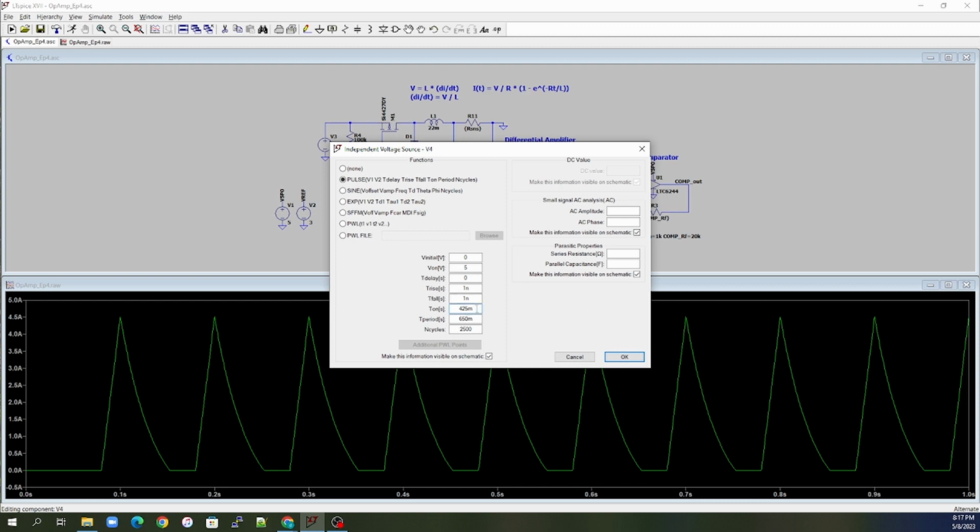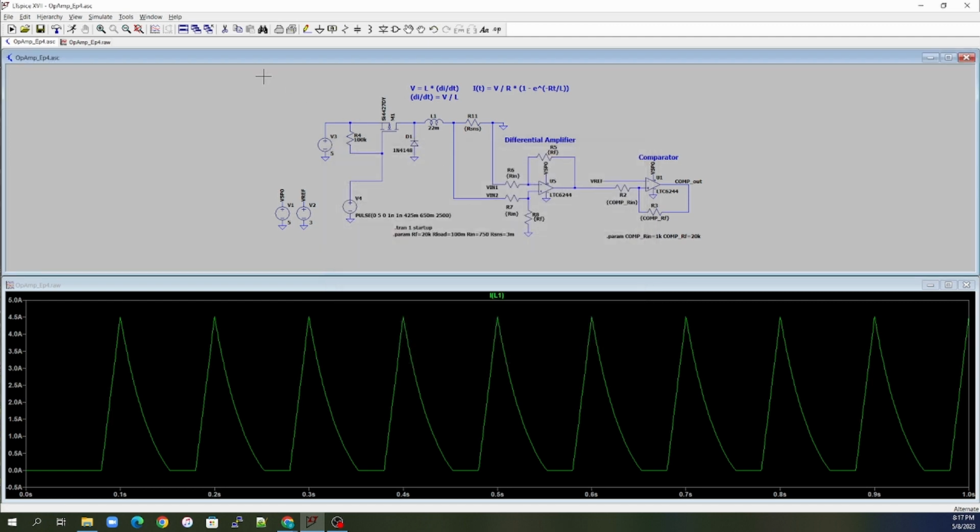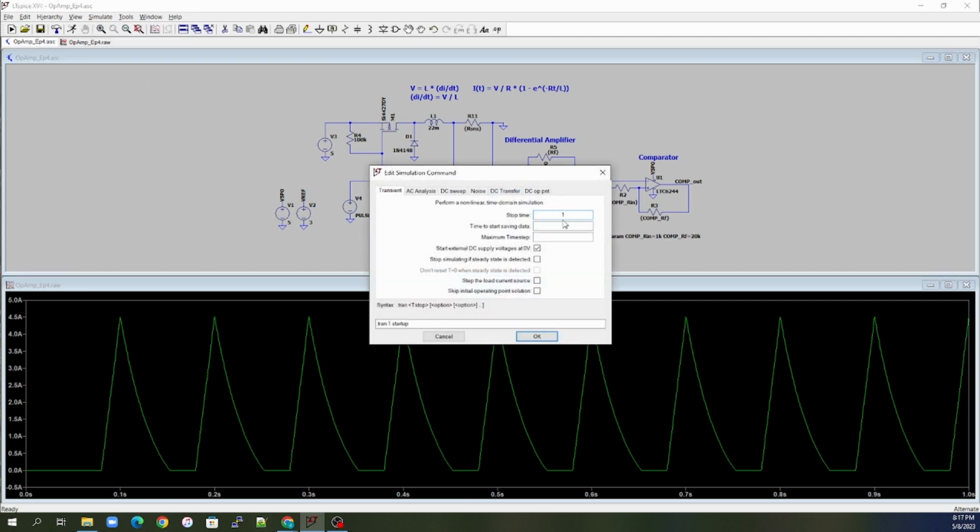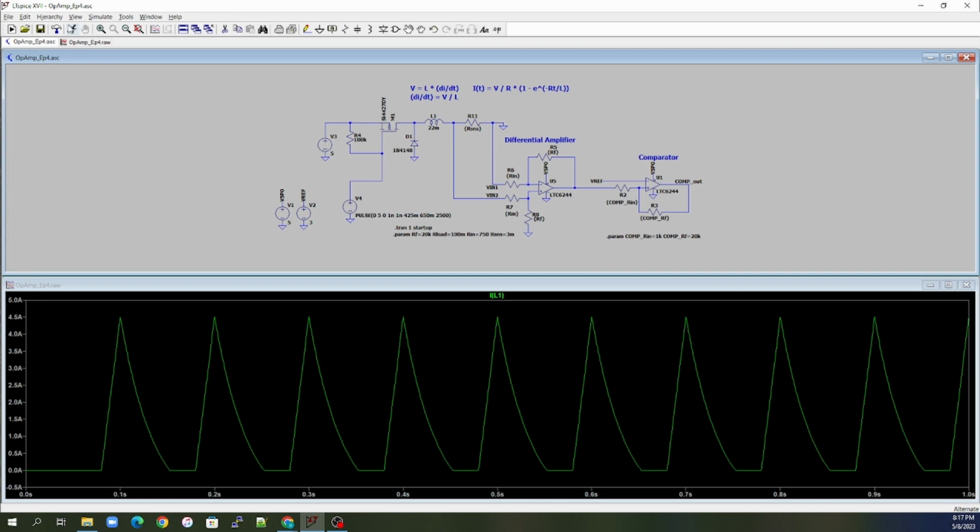So our off time will be 425, our on time will be about 225, to give us a total period of 650. And that's still under 1 second. So with a stop time of 1 second, our simulation is still good.